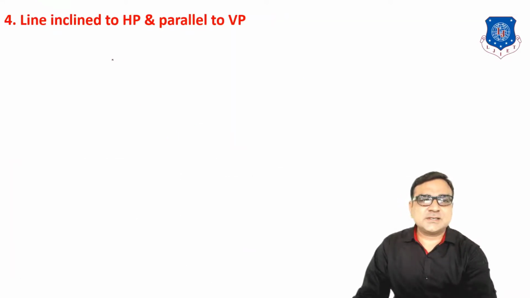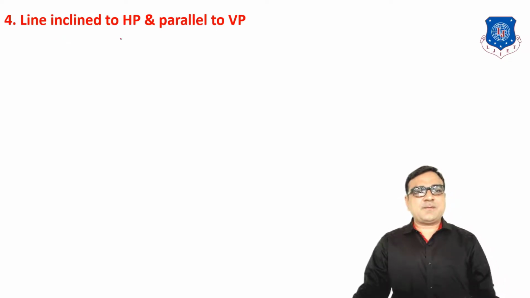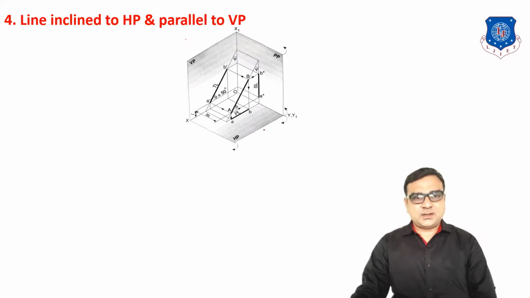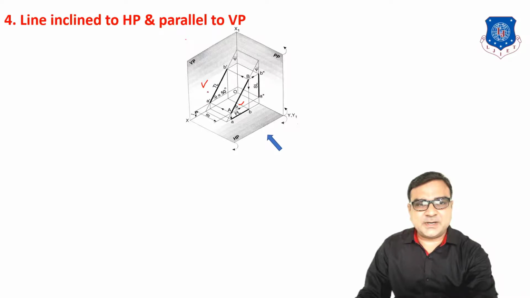Now the next case, when the line is inclined to HP and parallel to VP. Look at this figure. Here our line AB is inclined at theta angle and parallel to VP. The projection of line AB on the vertical plane will be A dash B dash, true length, because the line is parallel to VP.